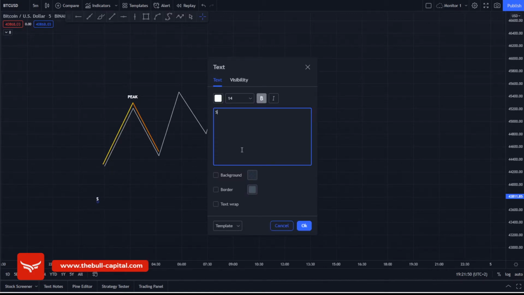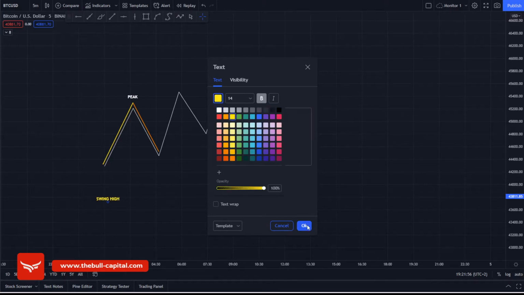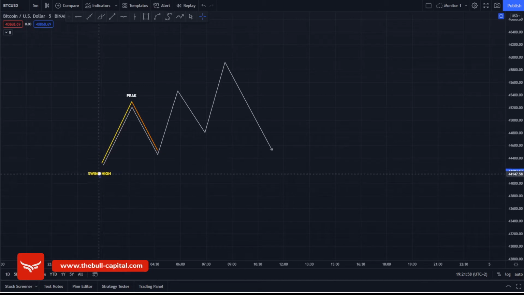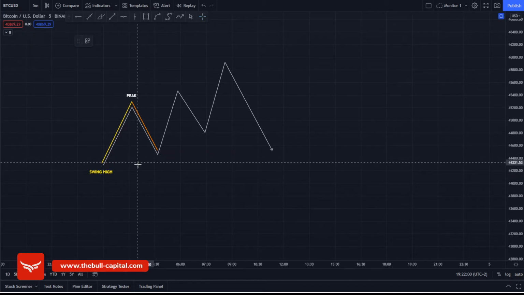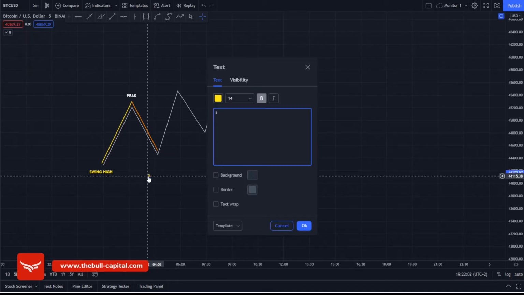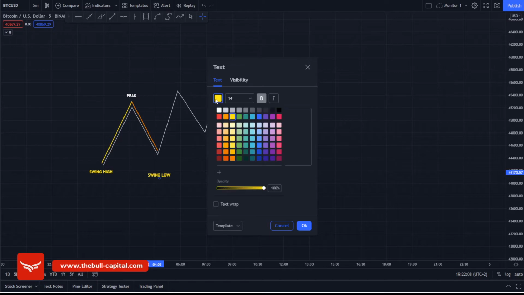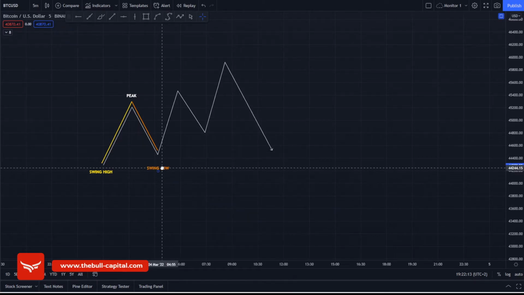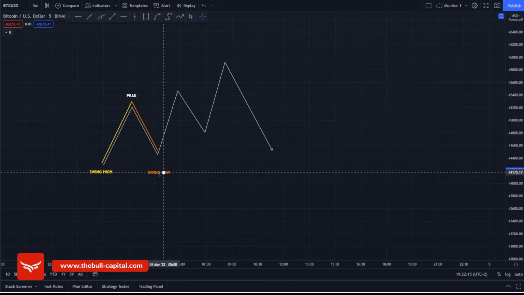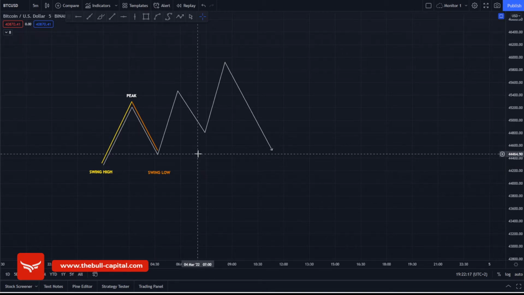I will also write here swing high, yellow, and swing low, I'm gonna mark with orange, to visualize better.